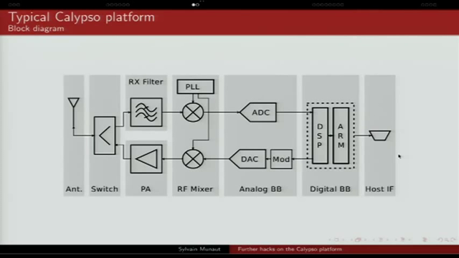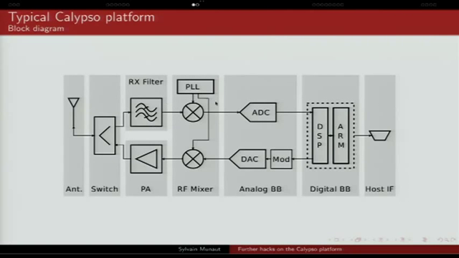So if you just look here, well, it all starts with the antenna. I mean, it's a standard antenna, nothing special about it. It's directly connected to the transmit and receive switch. As I said, the phone can't transmit and receive at the same time, so they just use a switch. If we look at the receive path, the signal from the air is transmitted to a RX filter, so basically it will filter out any out of band interference and things like that.